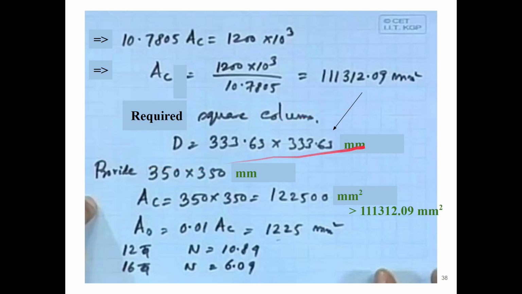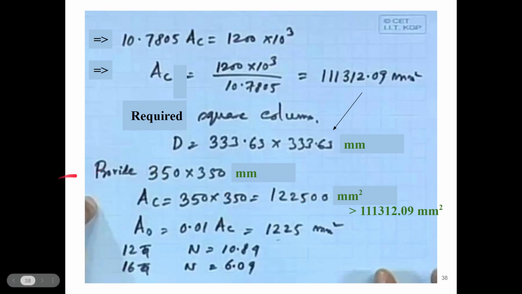Because no specifications for the column have been given, let us assume the size of the column is square. Assuming it as square, we can find the square root to get the dimension. Finding the square root of 11312.09, we get 333.63. So the required square column dimension will be 333.63 by 333.63 millimeter.